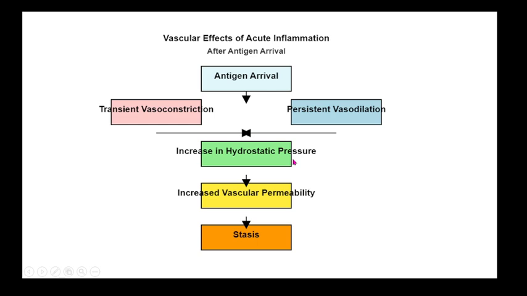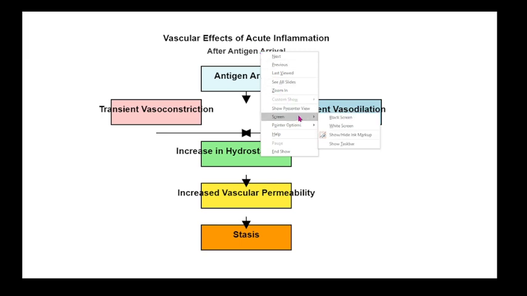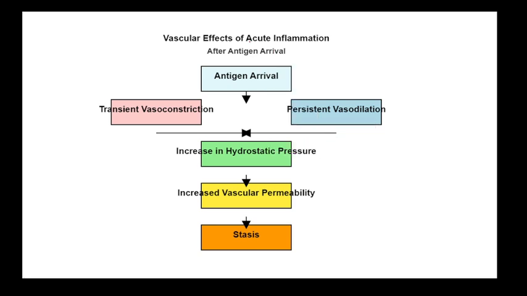So without delaying, let me talk now about acute inflammation. Let me have the marker. Our target now is to talk about acute inflammation in detail. Acute inflammation means that an antigen is entering the body.